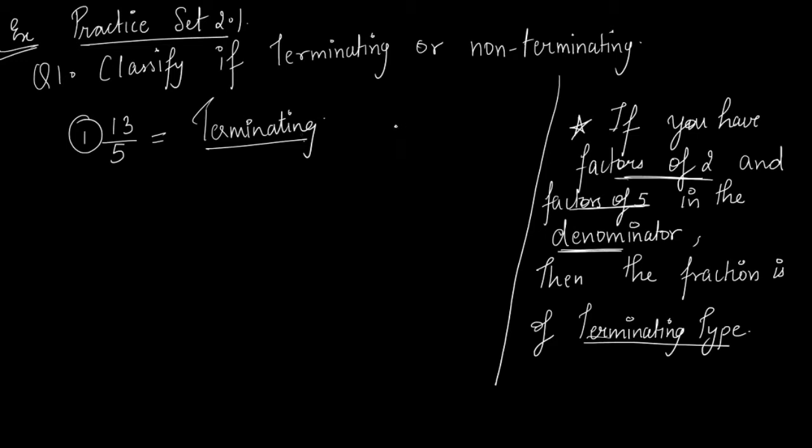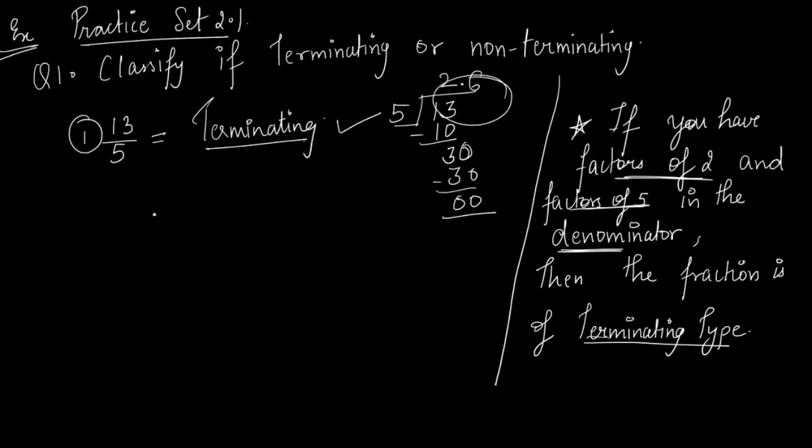If you want to still check, you can check over here. 13 divided by 5: 5 2s are 10, you get 3, decimal point, 30, 5 6s are 30. So the answer over here is 2.6. If I have 2.6 as the answer, then obviously it is a terminating decimal number.